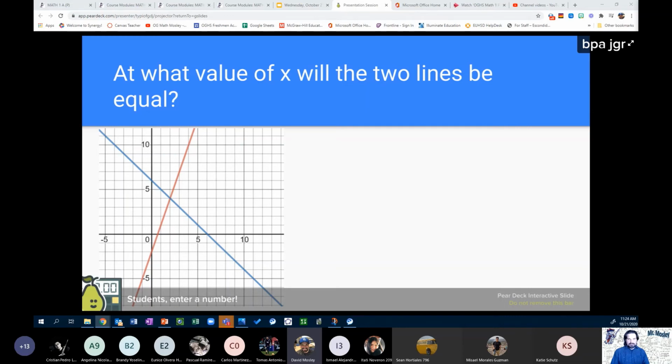So I want to find the value of x where the lines cross.